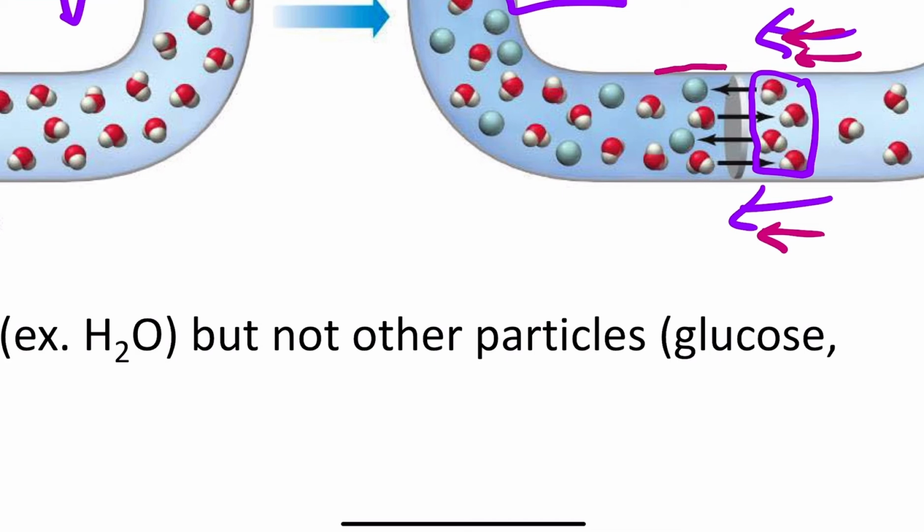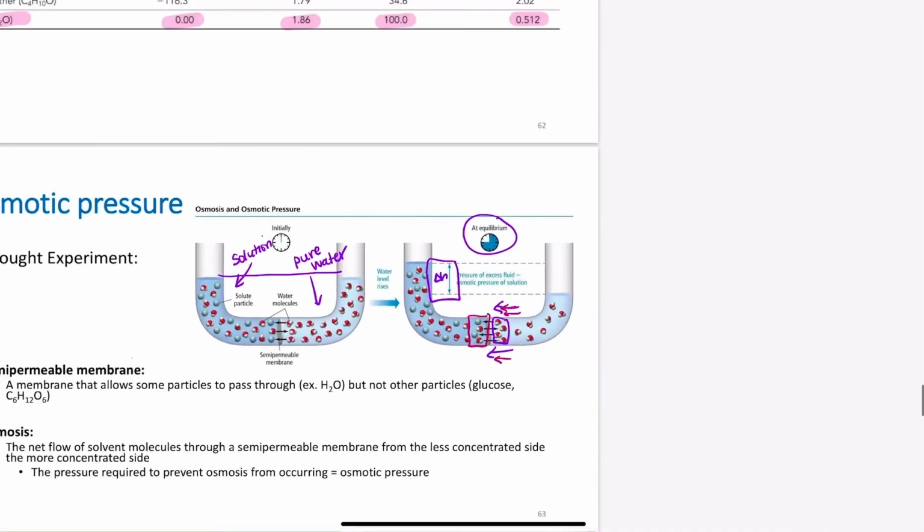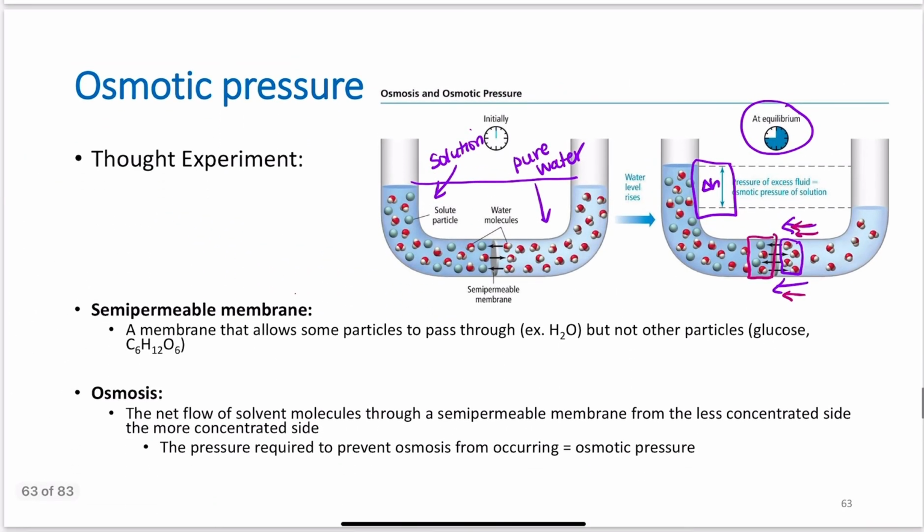Going the other way, though, if I just look at the first molecules really close to the surface here, I've got 2 solute particles and 2 water molecules. Only half of those particles can actually pass through. So just by statistics, it's less likely for the water molecules to come back than pass through as they already have. So what happens is more water molecules pass through to the side that has a solution, while fewer water molecules pass back to the water-only side.